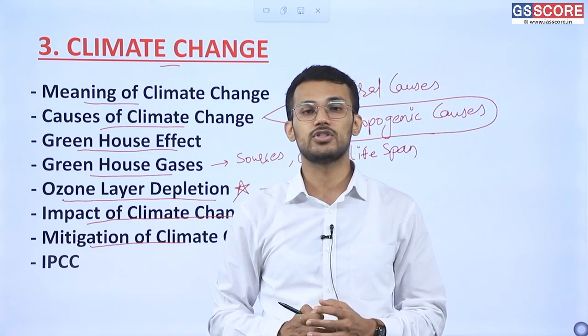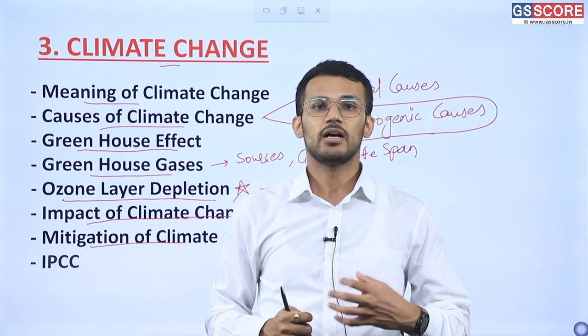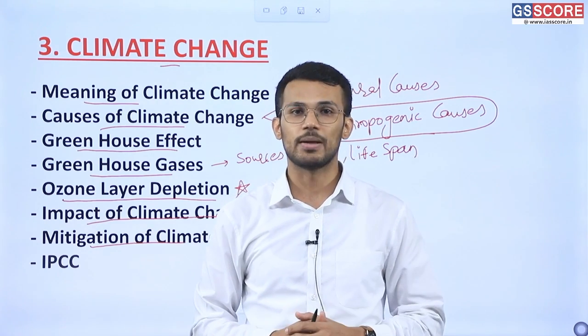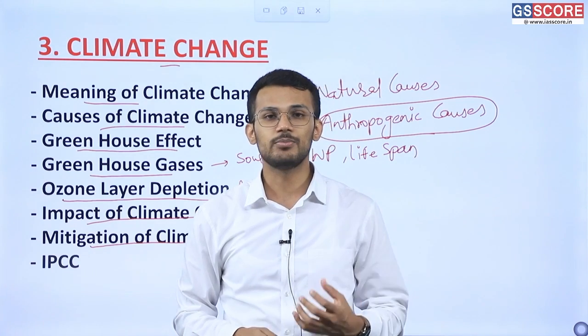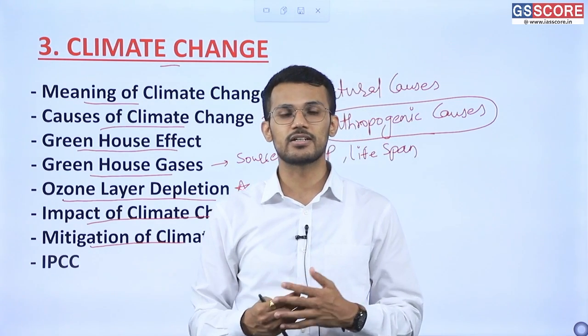Our focus is to reduce the impacts of climate change, to reduce the intensity of the impacts of climate change, right? And that can be done by following various approaches, especially at the international level.